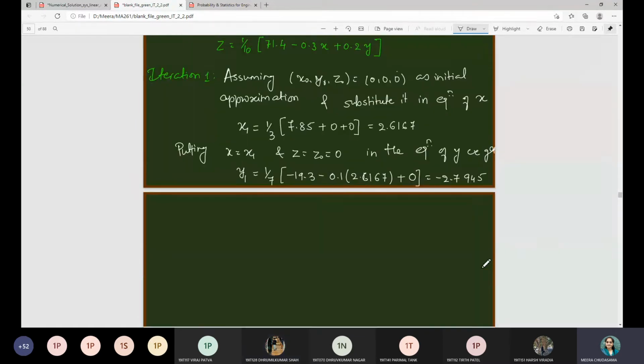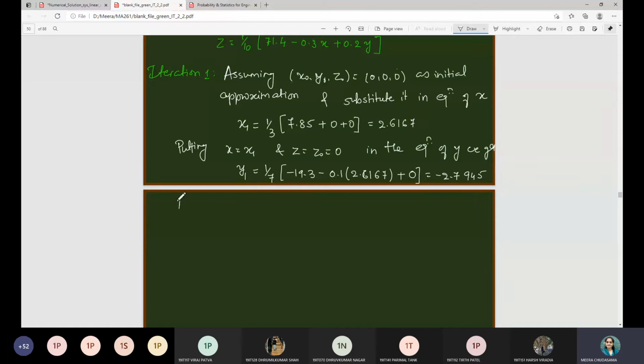7945, correct. तो अभी नेक्स्ट स्टेप क्या होगा बताइए? In z1 we have to put value of x1 and y1.